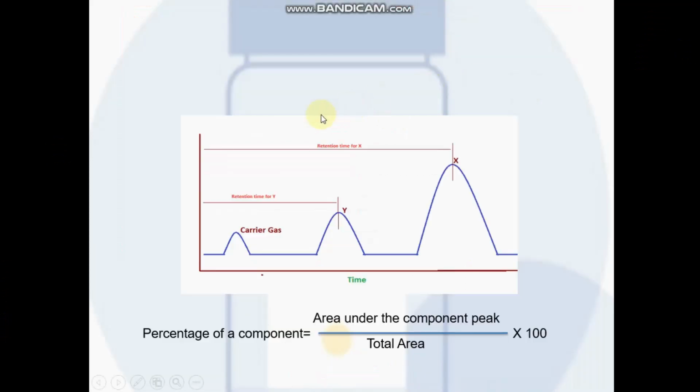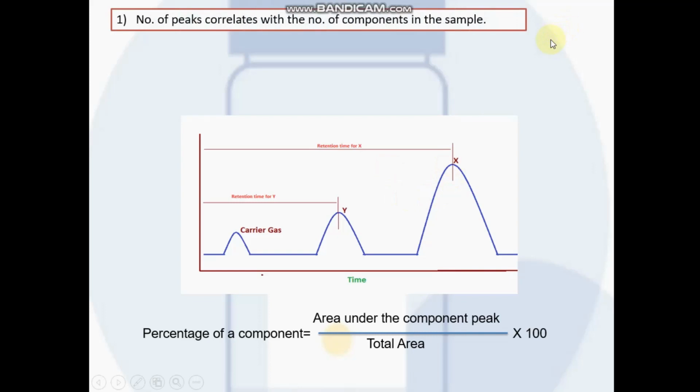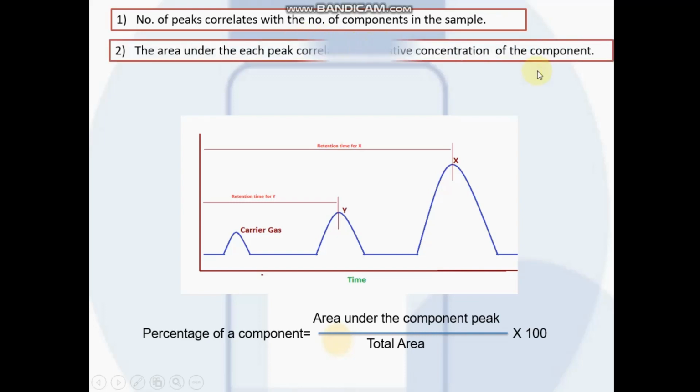Here a graphical chart consisting of separate peaks corresponding to different components can be very useful in qualitative analysis and quantitative analysis, because the number of peaks correlates with the number of components in the sample.